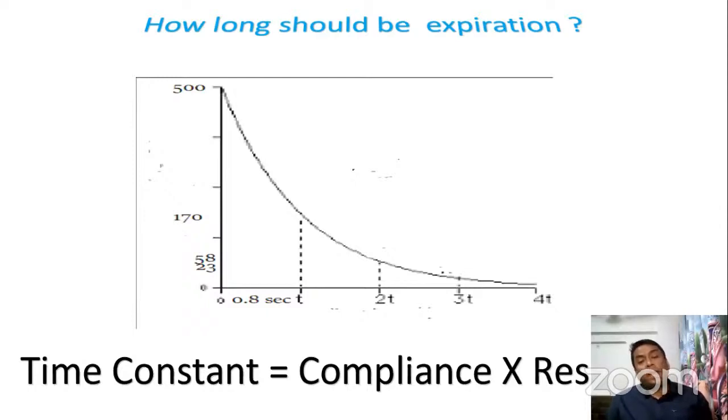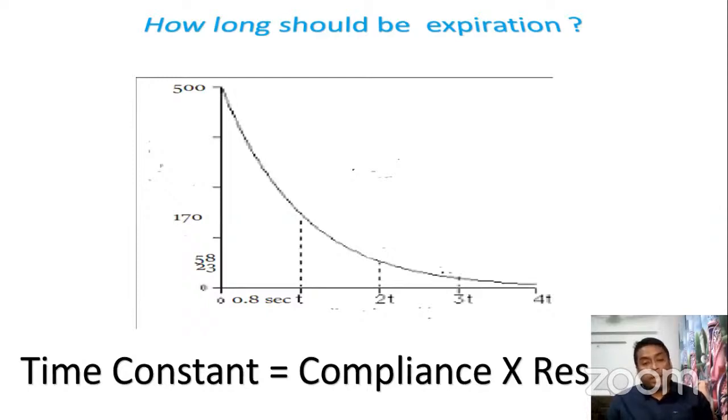For example, a patient with normal compliance and normal resistance will expire 63% of the tidal volume in 0.8 seconds. So if he has a tidal volume of 500 ml, after 0.8 seconds, 170 ml of tidal volume will be left in the lung.